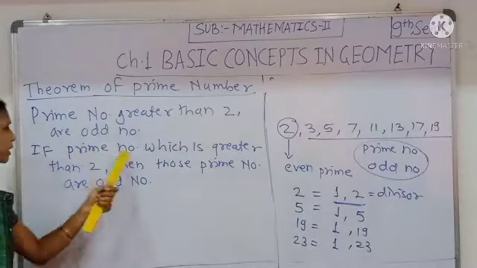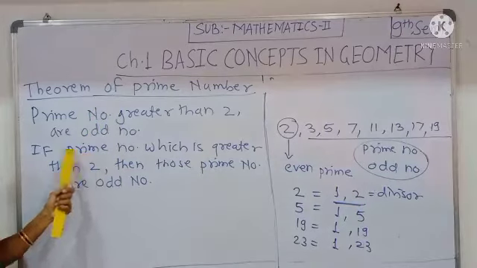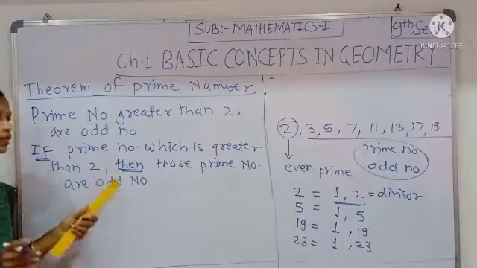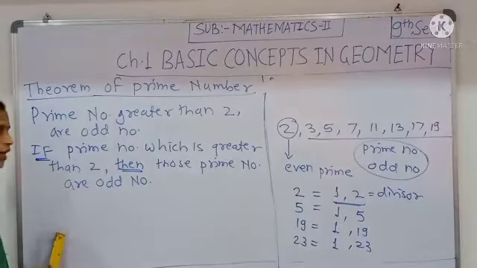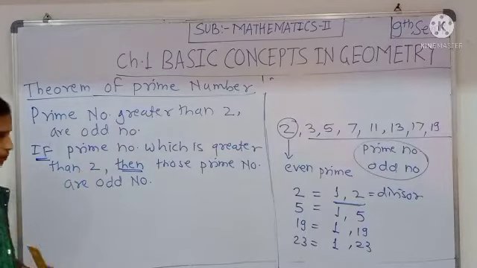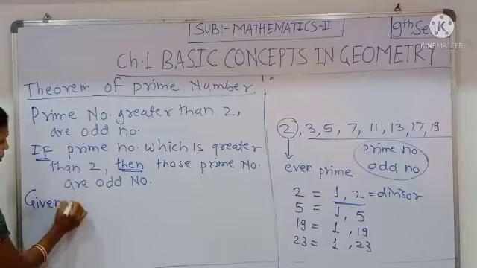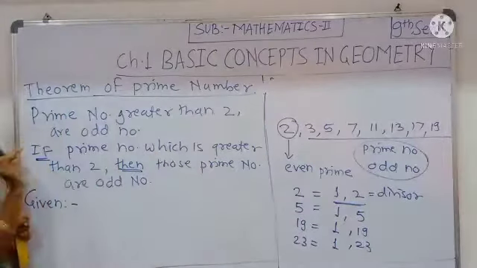Then using this statement, the same property written in the form of if and then, it is convenient to write the given part and the to prove part of this theorem. Then we have to write the given, that is, see here, a prime number which is greater than 2.